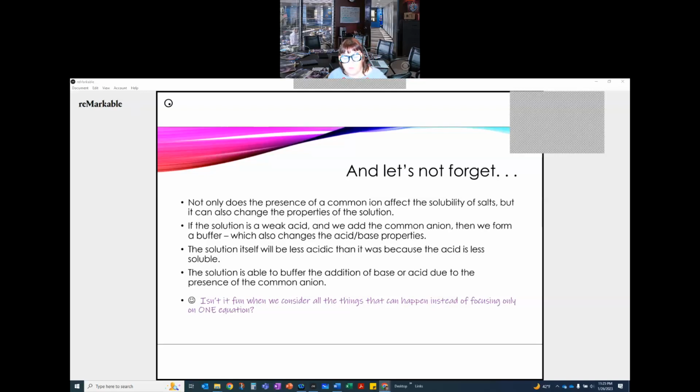We need to pay attention to what is in our beaker to see if there is anything else that might be able to react. One of the things we run into in the laboratory when we do the solubility experiments is that we get an effect depending on how much we breathe on the solution. As I exhale CO2 into my beaker, that CO2 reacts with the water and forms a buffer, which then changes the pH properties of that solution.